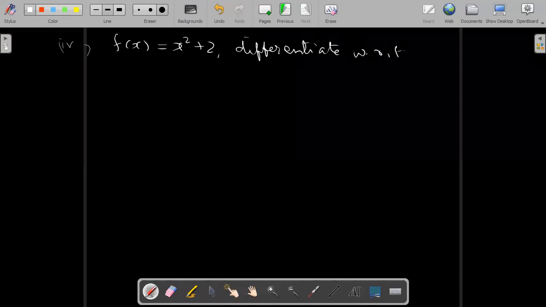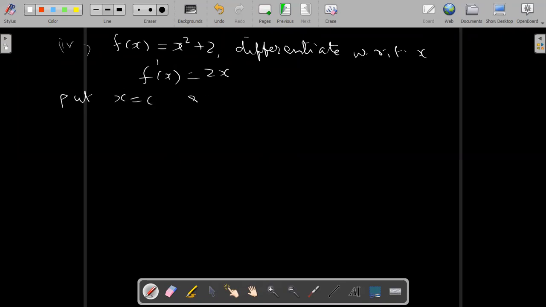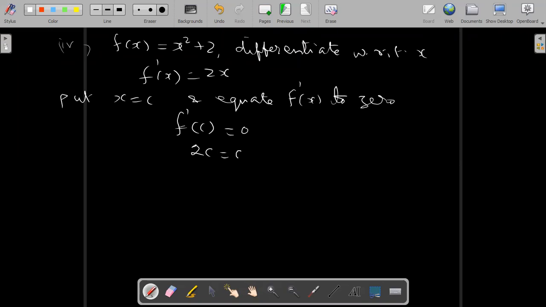We get f dash x is equal to 2x. Now put x is equal to c and equate f dash x to 0. So that means f dash c is equal to 0. F dash c will be equal to 2c, and 2c is equal to 0.